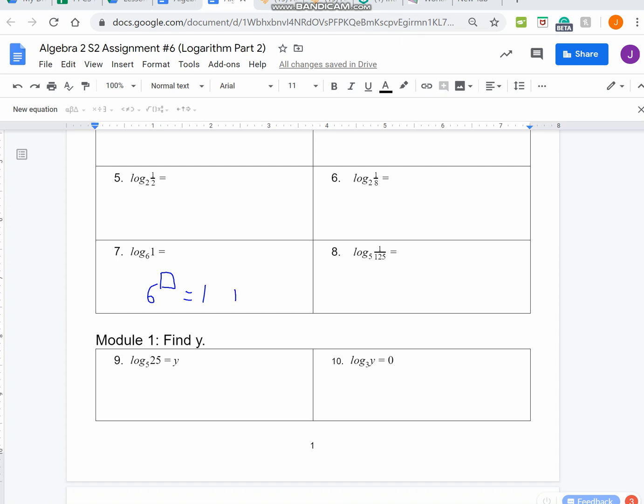The same can apply with 100 even. 100 to the what power would give you 1? The answer is 0. Anything to the power 0 will give you 1. So number 7, the exponent was supposed to be 0 so that you can get 1 with the base of 6. So log base 6 of 1 is going to be 0.